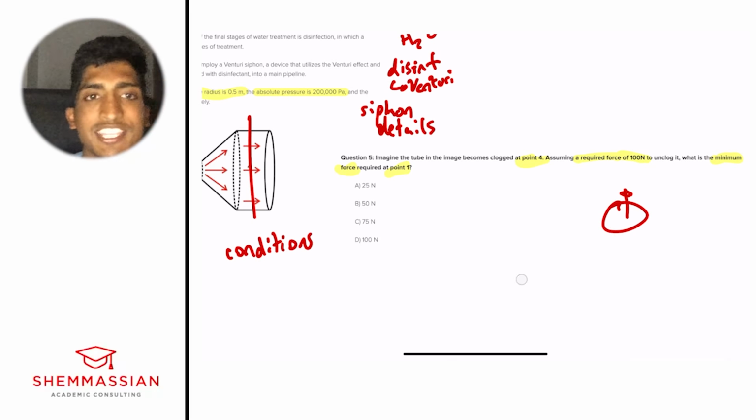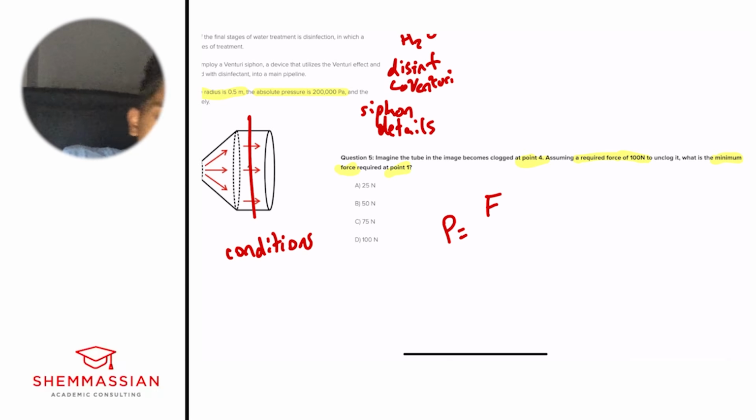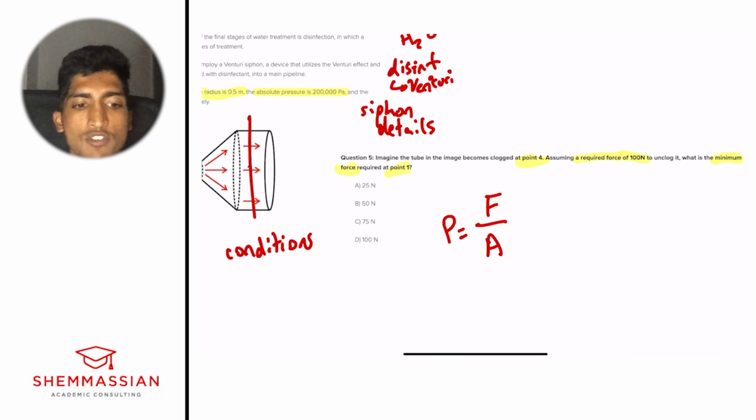So with this piece of information, another formula comes up. We're crushing the formulas right now. But it's the idea of what is pressure, right? Pressure is force over area, right? So if we understand that pressure is force over area, and we understood Pascal's law, we have two pieces of information that tie together perfectly to help us solve this equation.